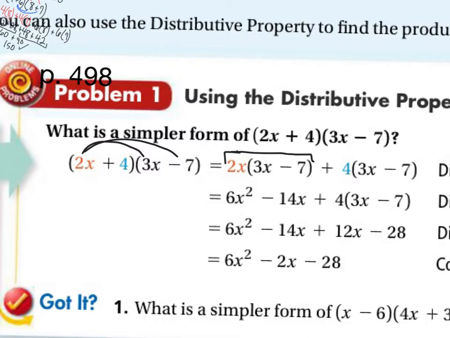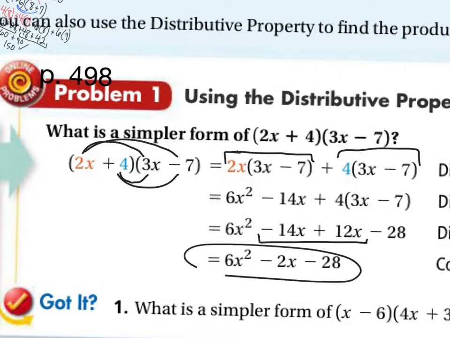And then they distributed the 4 to both of these. So they worked through that. What happened here is these were like terms that we could combine together, and so that's how they ended up with this answer.